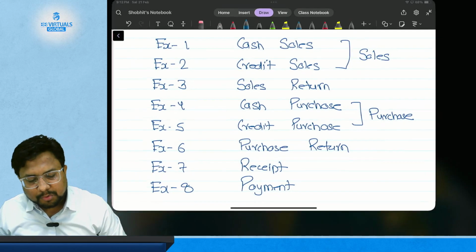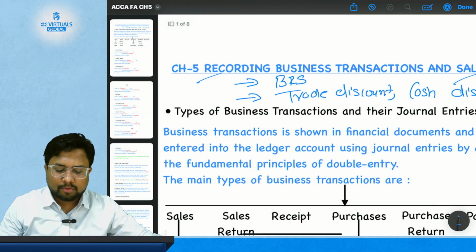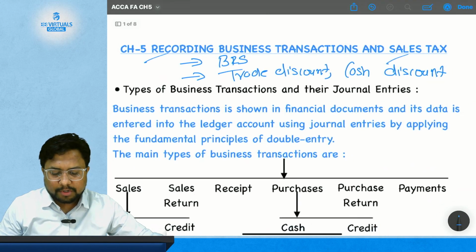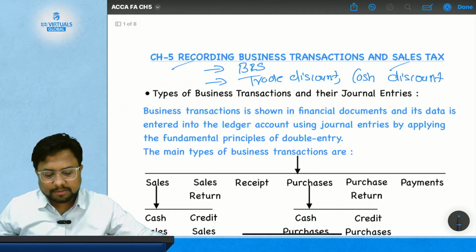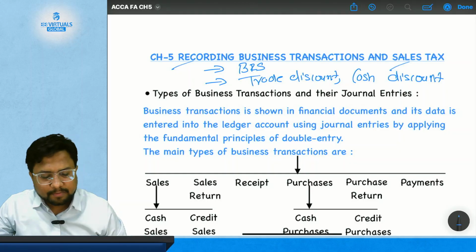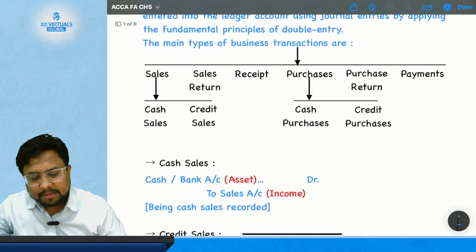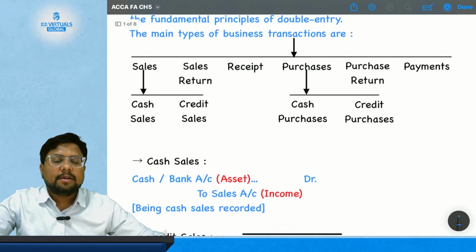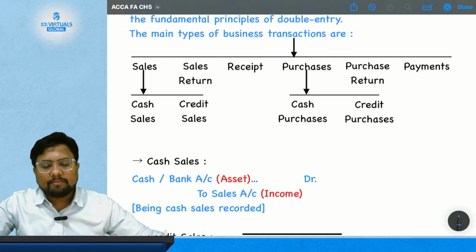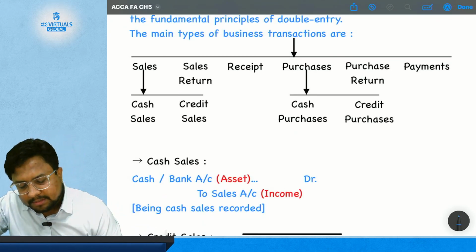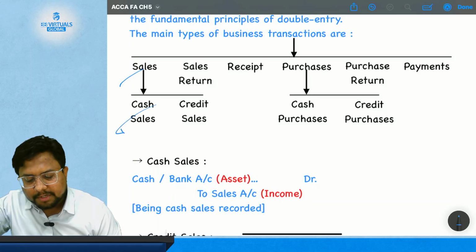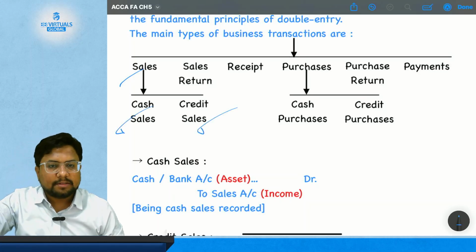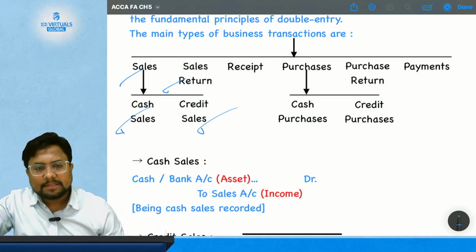Now comes to our note to understand what the business transactions are, and you will be surprised to know what we have covered. By taking illustrations, we have covered sales: cash sales and credit sales. Then sales return.